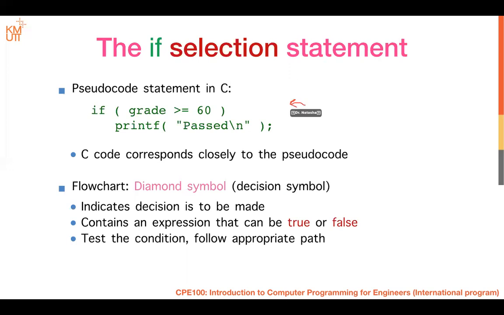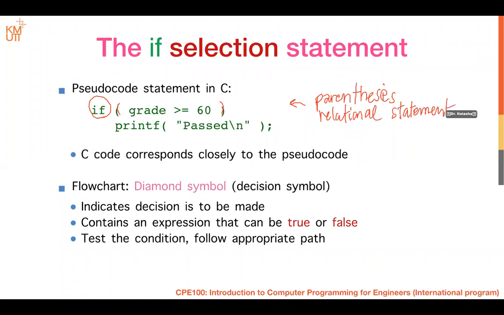So in a C program, you can convert that pseudocode statement into C like this. When you use if, you need to use parentheses here. Parentheses will cover what we call a relational statement.